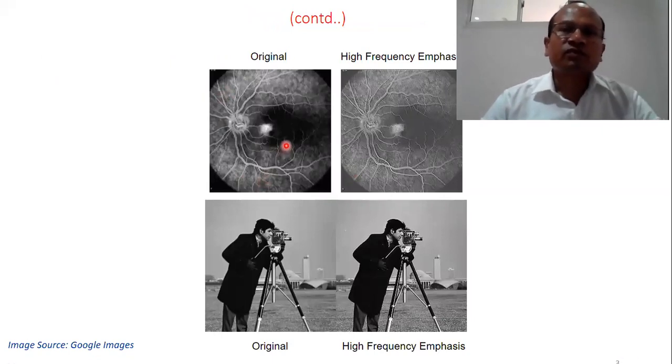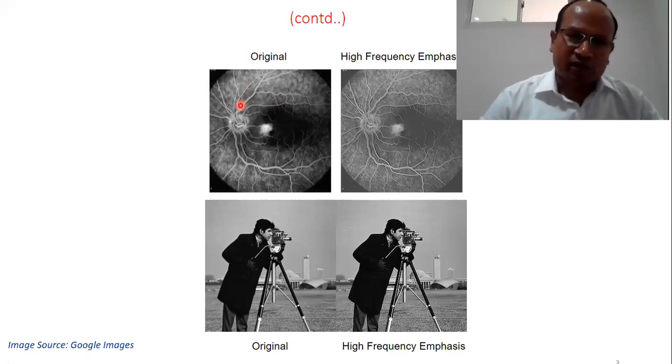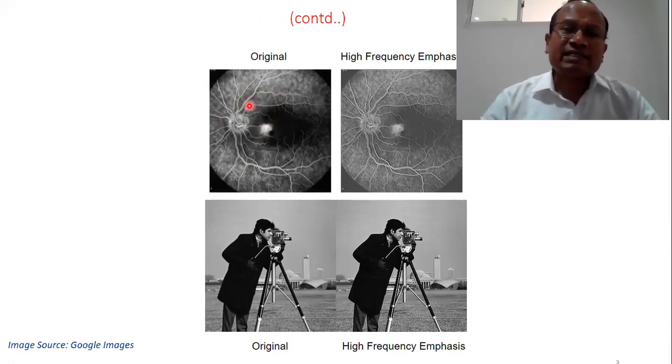These are the two examples where you can see the input image and the high frequency emphasis output. Similarly here also, what we can observe in the result is that smoothing is not taking place, because in low pass filter smoothing takes place, and in high pass filter only high frequency content like edges, sharp boundaries, and lines are highlighted and other areas are suppressed.